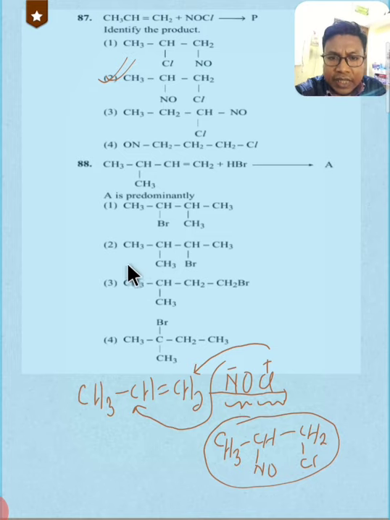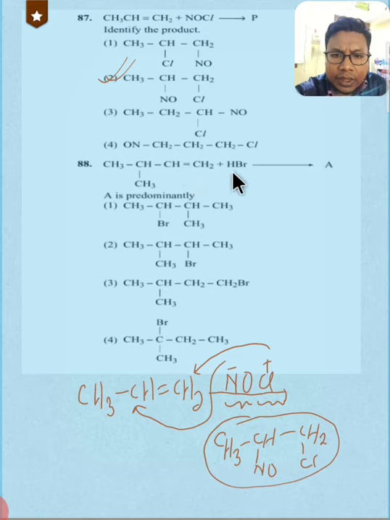Again, the next question is this is an alkene, and if it is reacted with HBr, then we need to find A, the major product, and choose the option from this. Now this is an unsymmetrical alkene, and when H plus is added, a secondary carbocation will be formed.